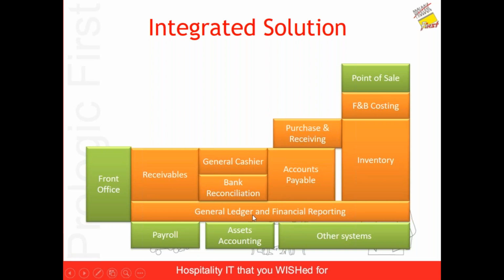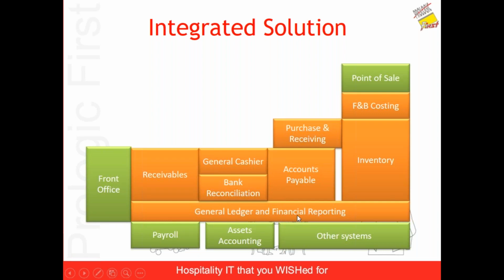Why? Because all the financial reports are generated from general ledger. Therefore, any information that you record in materials management, in accounts payable, in bank reconciliation, general cashier, receivables, or even front office, which in your case I think would be Opera or Oracle, whatever revenue related, monetary, financial information, everything has to come into general ledger.